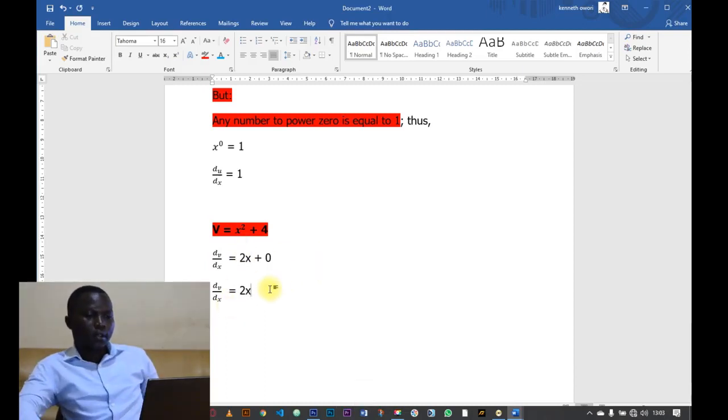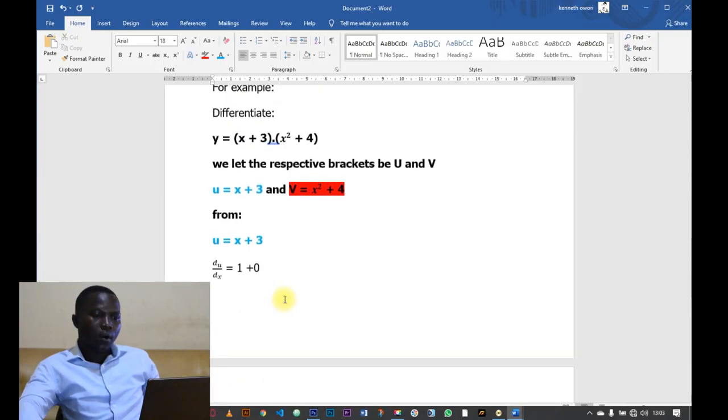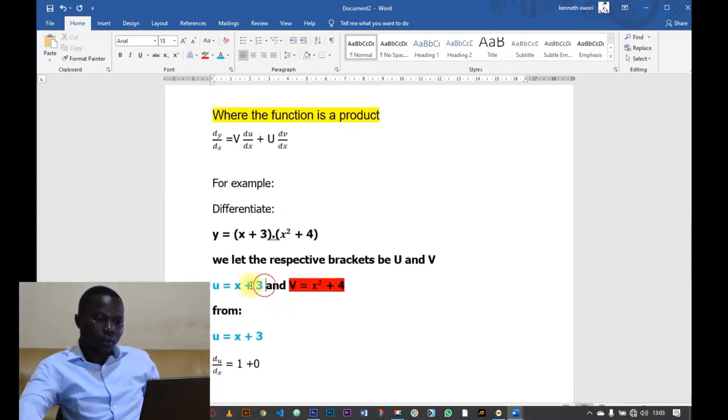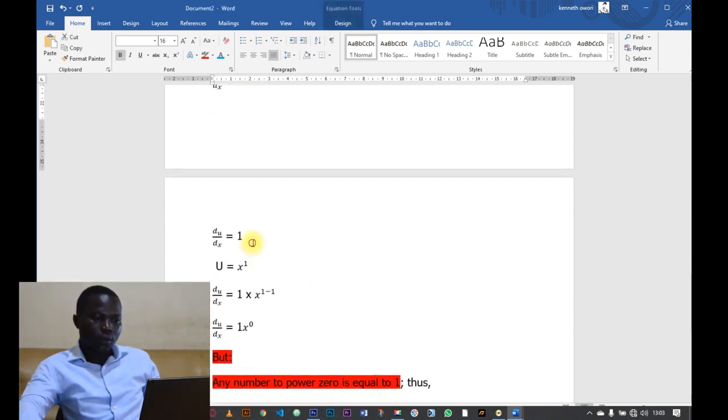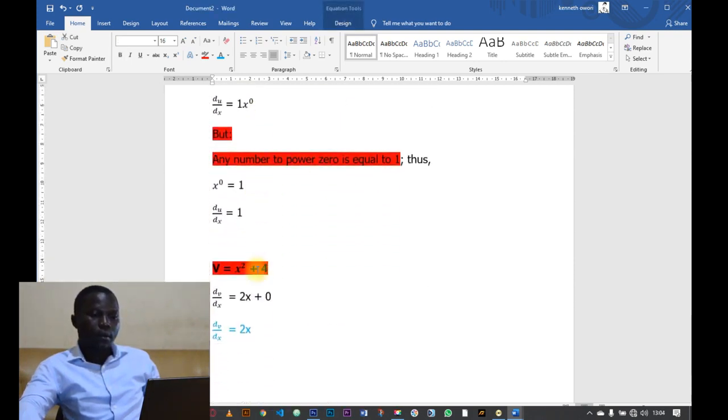In other words, if we differentiate v equals x squared plus 4, we get dv dx equivalent to 2x.